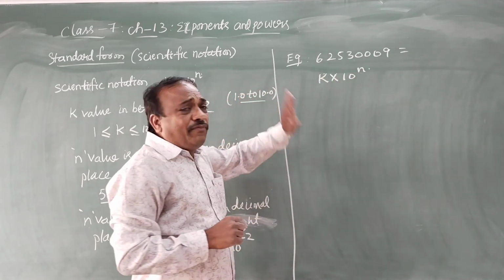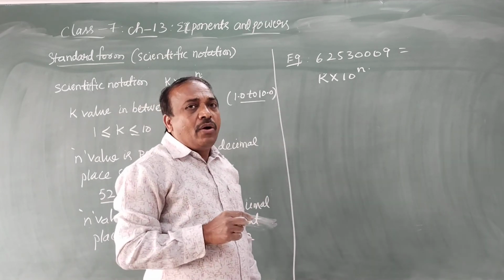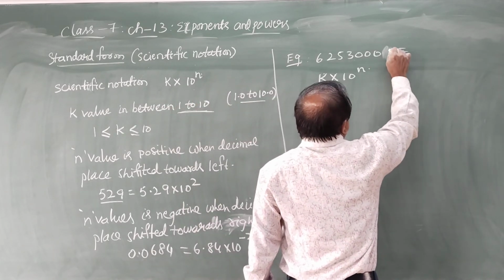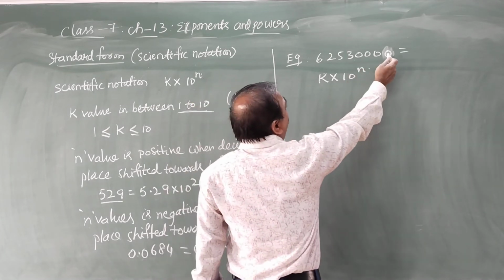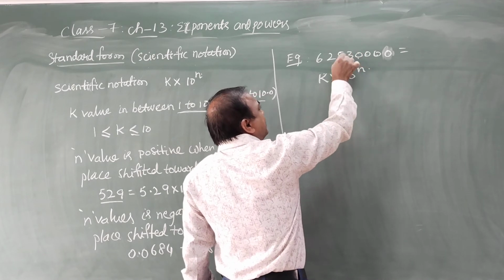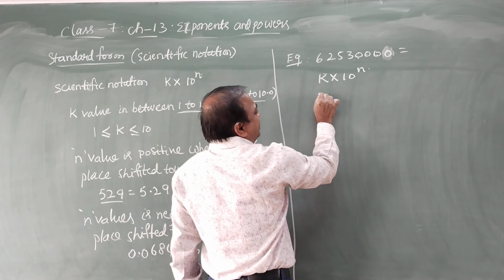So for k, on the left side there must be only one digit. If I write 0 here, the left side must be one digit. So I move towards this side: 1, 2, 3, 4, 5, 6, 7 places I am moving.